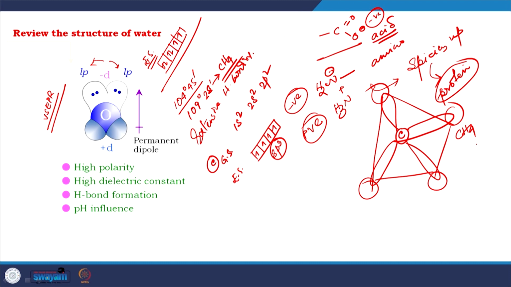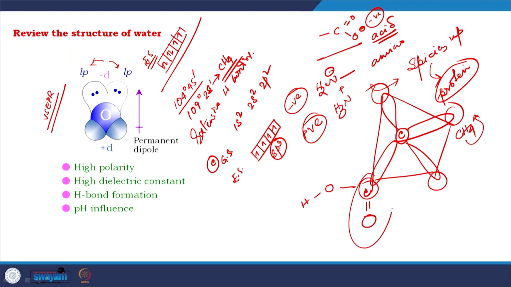Similarly, if you modify from methane, you will see that it forms a bond with another carbon, which forms a single bond with oxygen and a double bond with oxygen.